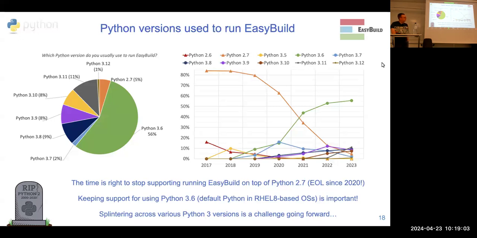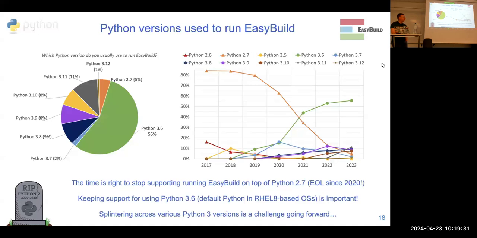So Python 2.7 is end of life since end of 2020 already. But we are quite slow with dropping support for that, because we know too many people were still relying on it. So we kept it as long as we could. The biggest Python version being used now is Python 3.6, which is no surprise. That's the default Python in anything RHEL 8 based, which is fine. I think officially it's already end of life or close to end of life.